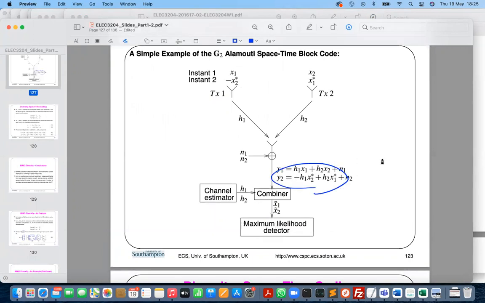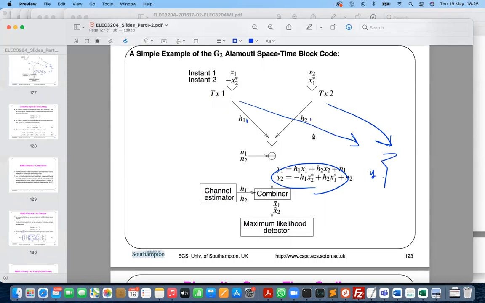If you have another receive antenna here, then you just extend this figure and also write out what you received here. So this fading would become H1,1 and H2,1.